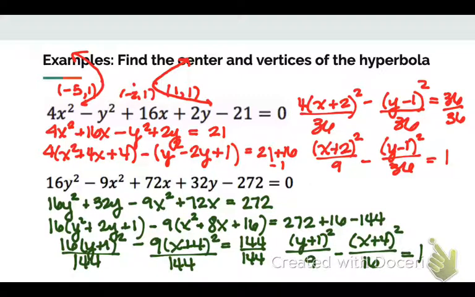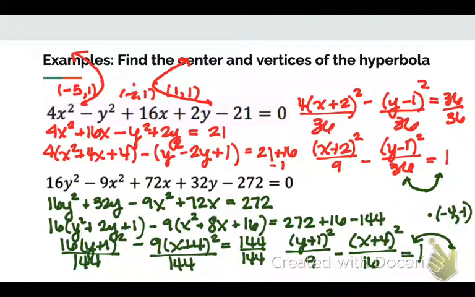We know that the center, need to be careful, the center is actually going to be at negative 4 because that's the value that comes from our x in this equation. So negative 4, negative 1. We're going to be moving up 3 units to get to the vertex. So it's going to be opening this direction and this direction.